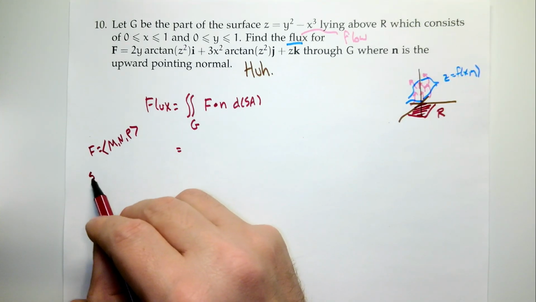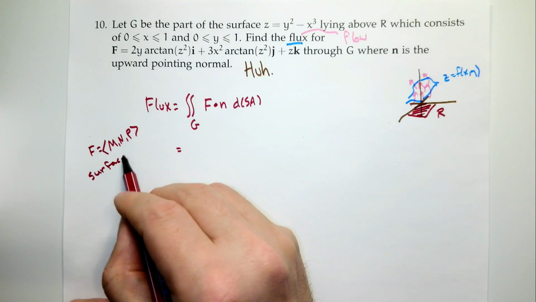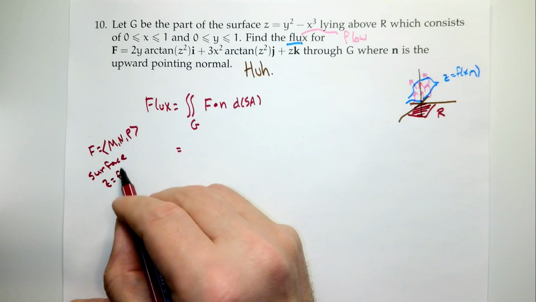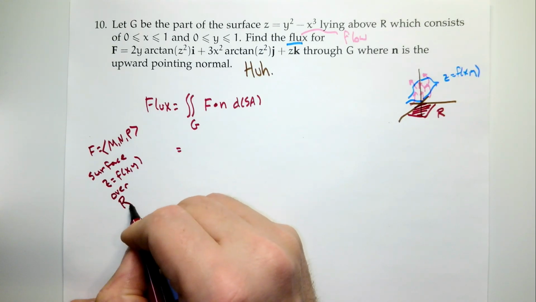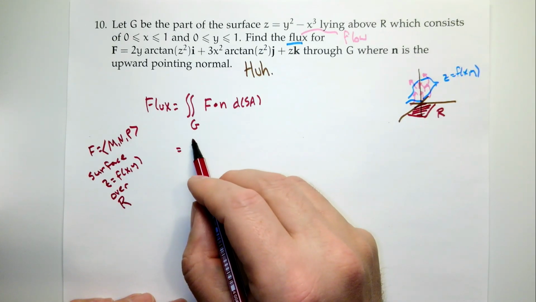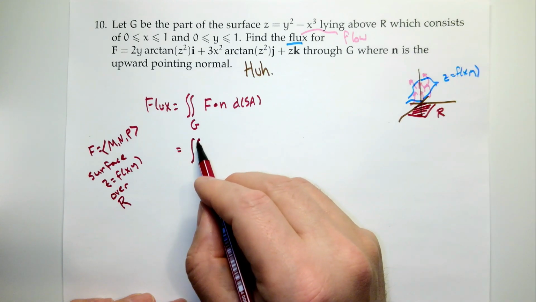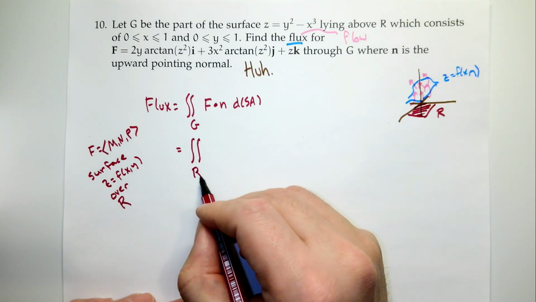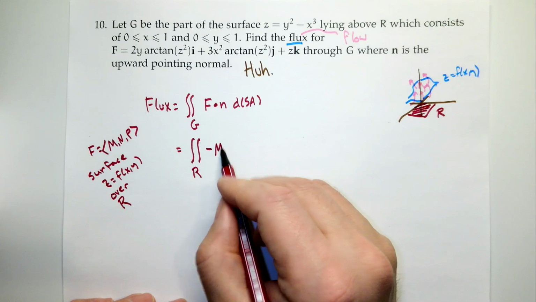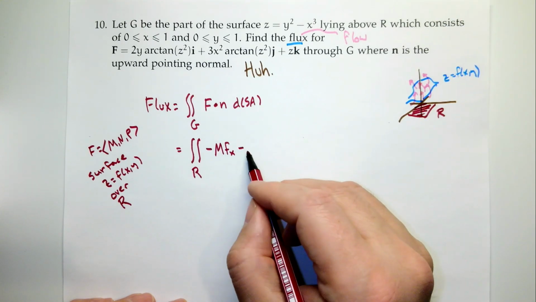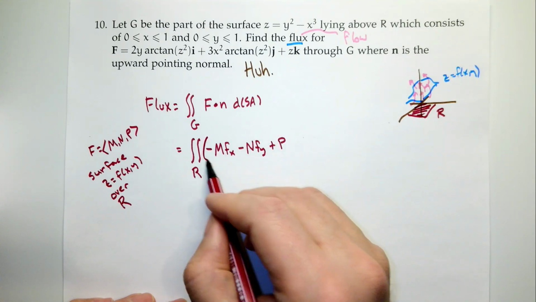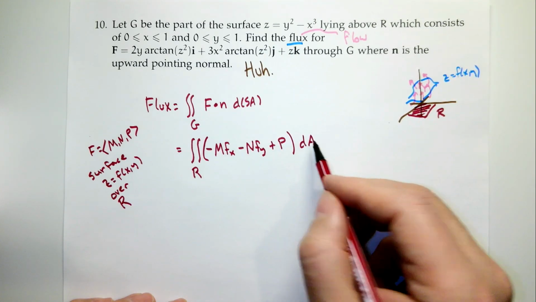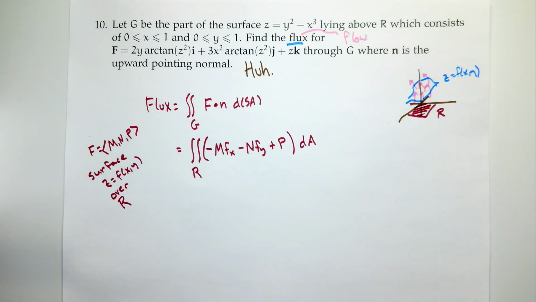I'm going to think of the surface as being something of the form z equals f of x, y over a region R. Then this integral on the surface becomes an integral over your region R of minus M f_x minus N f_y plus P dA. All right, so that's what it's going to become.